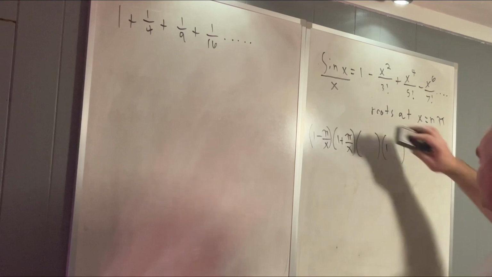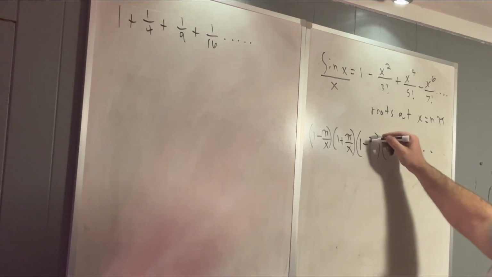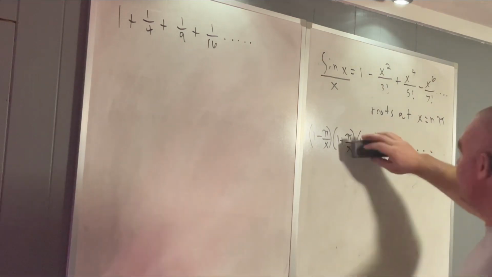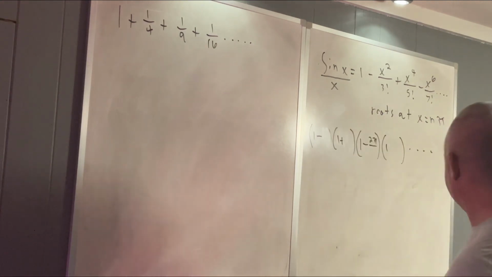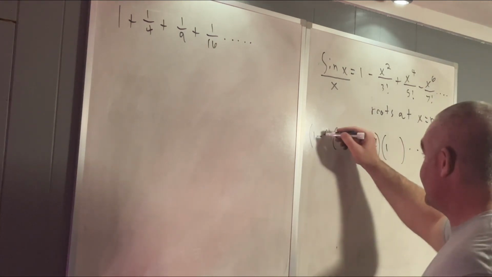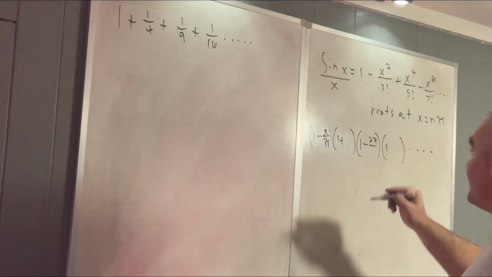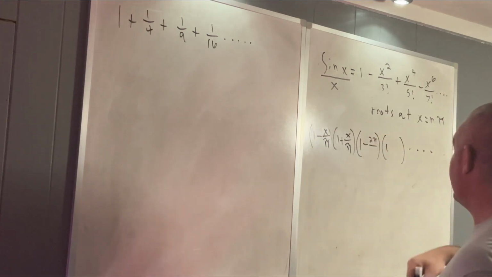Hold on, I should have written it like this: x over pi. Although it is true the other way as well, this is just going to be easier to work with. x over pi.